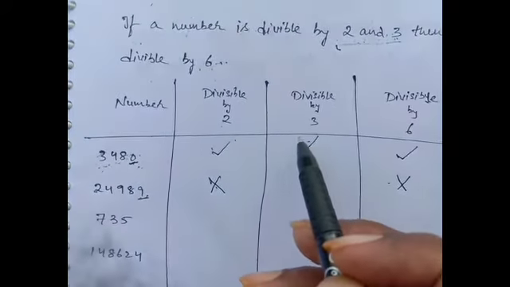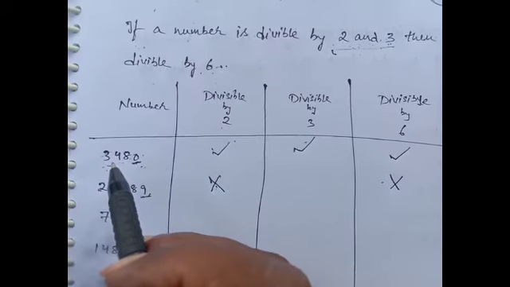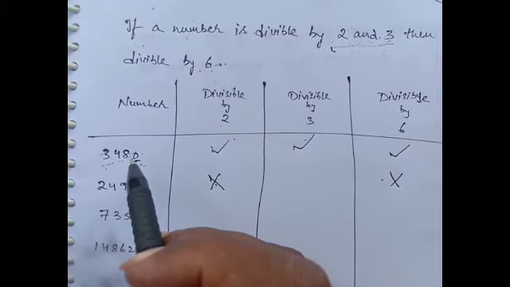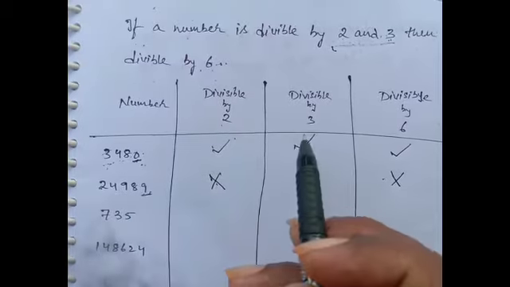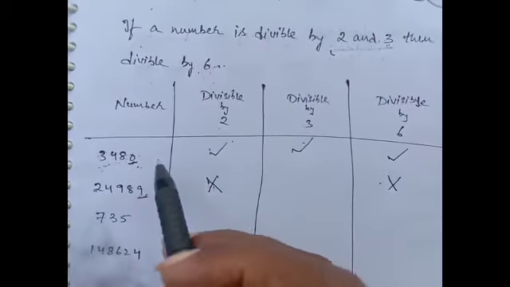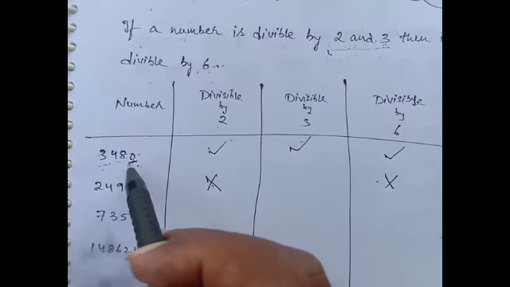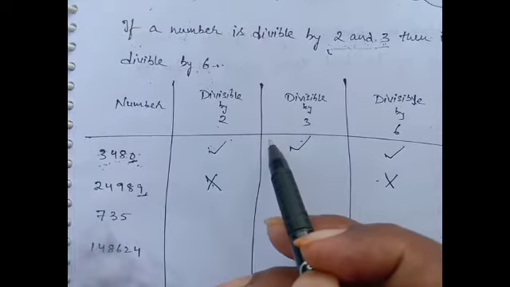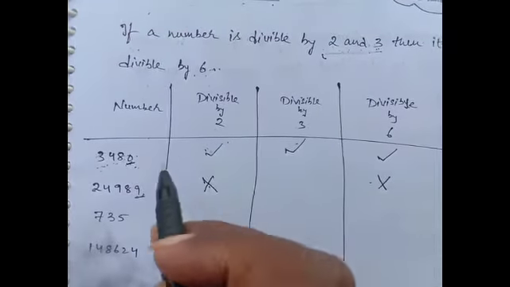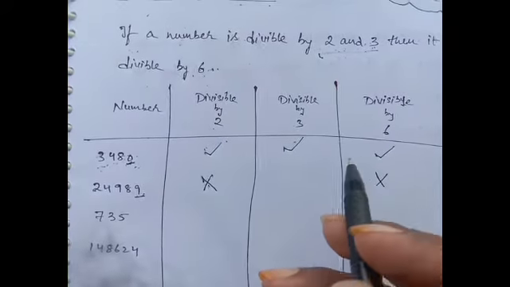To check whether that number is divisible by 3 or not, we have to add the digits and check whether this sum is divisible by 3 or not. The sum of these digits is 15, and 15 is divisible by 3. Hence we can say the number 3480 is divisible by both 2 and 3. Hence we can say this number 3480 is divisible by 6.